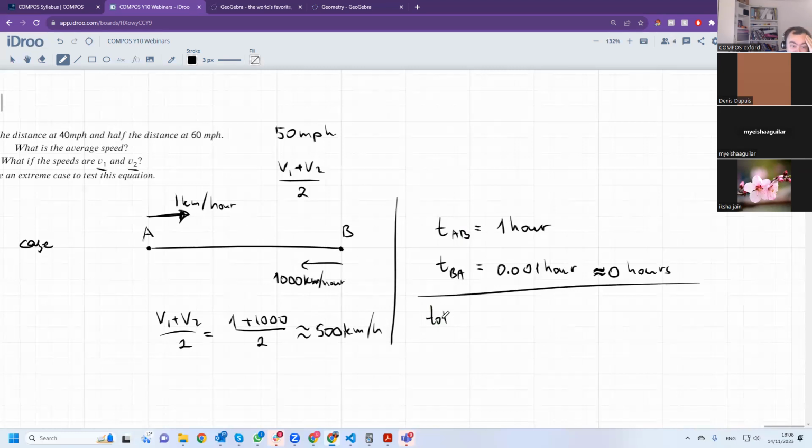So what do we have? Total time is 1 hour. Total distance is 2 kilometers. So what's the average speed?